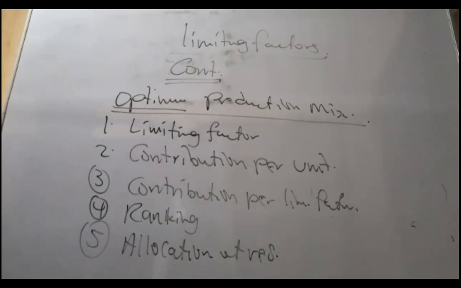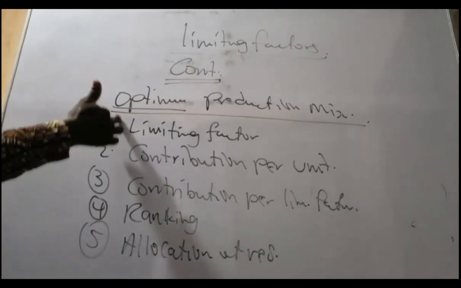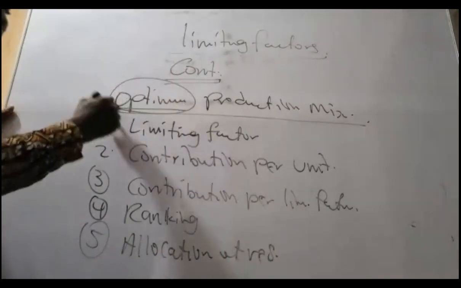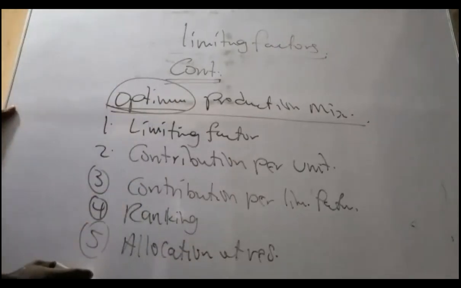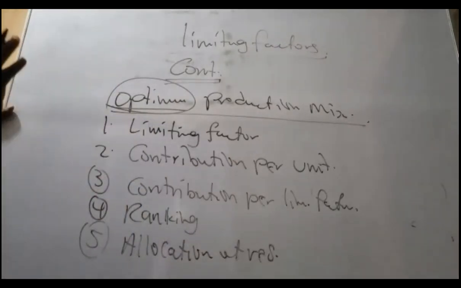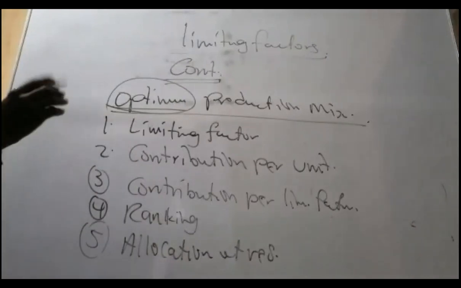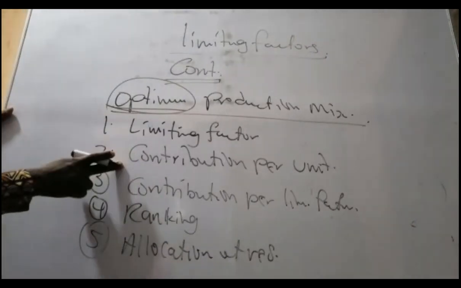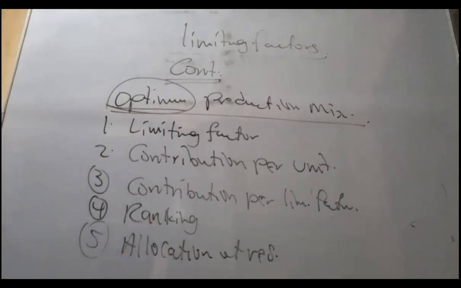Once we are looking for optimum production mix, these are the steps that we have to follow. Please, anywhere you meet optimum production mix, these are the steps. If they don't tell you anything, you can also use the throughput approach. But the most common one is the contribution. But in this question, it was clear: we are asked for contribution. So calculate the total contribution. So you're going to use the contribution approach. And this is the format.